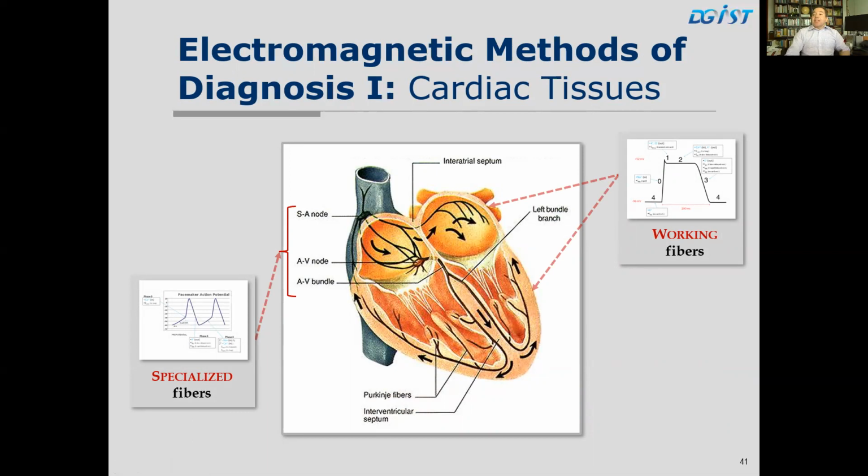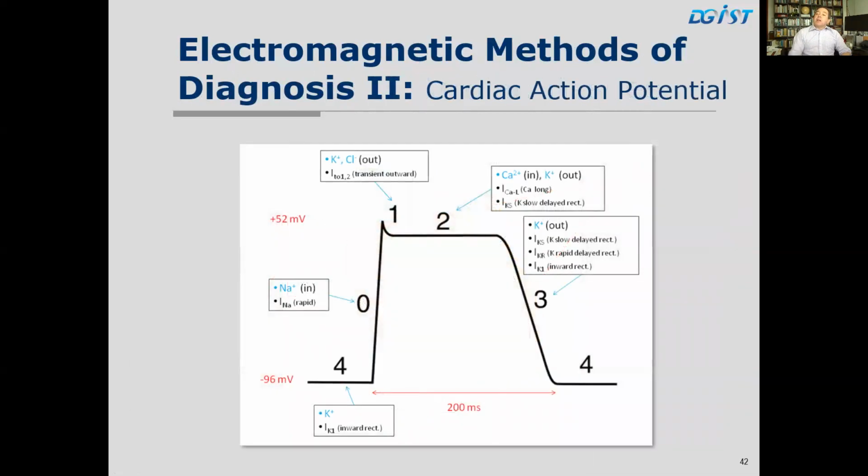So that means there's electrical activity around the heart, and we'll talk about this in more detail in a later lecture. This is the action potential for the working fibers. You can see it's a little different than that action potential we saw for nerve cells, and that's because these charges are moving in and out in different ways. And again, the details will come later.